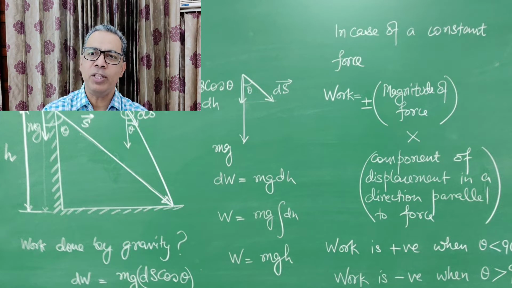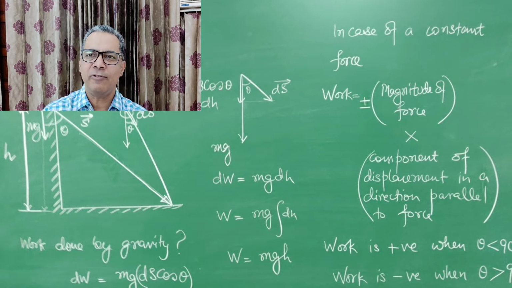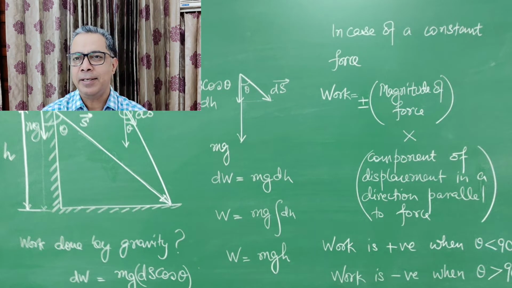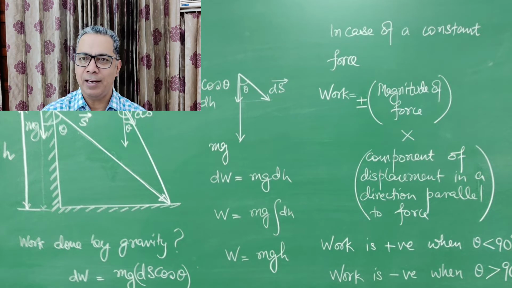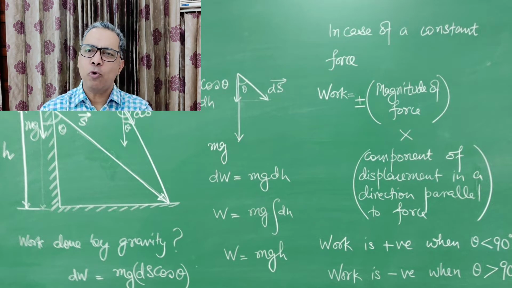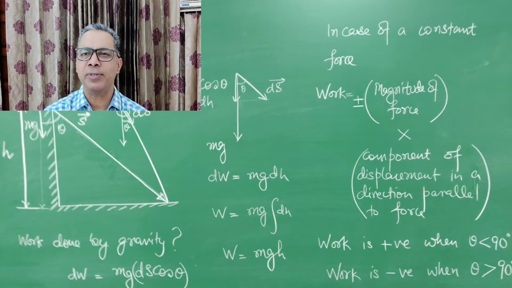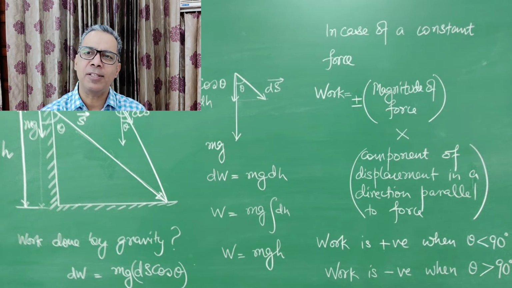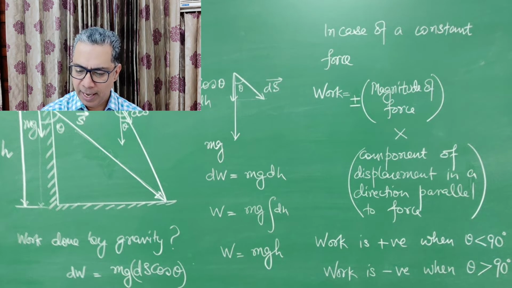If the angle between the force and the displacement S is an acute angle, then the work done will be positive, and if the angle is an obtuse angle, then the work done will be negative. Because you very well know that cos of acute angles is positive and cosine of obtuse angles is negative. Work involves F s cos theta, right? So if cos theta is positive, work done is positive. If cos theta is negative, work done is negative.